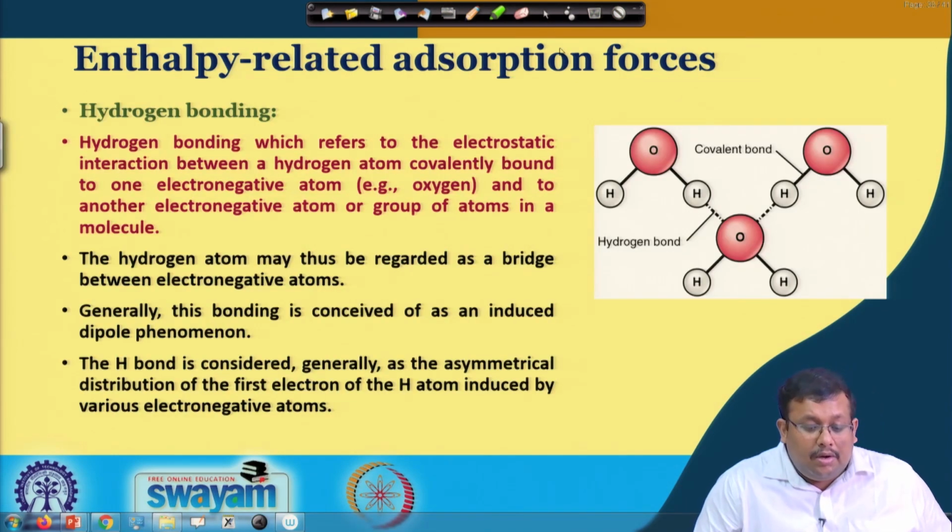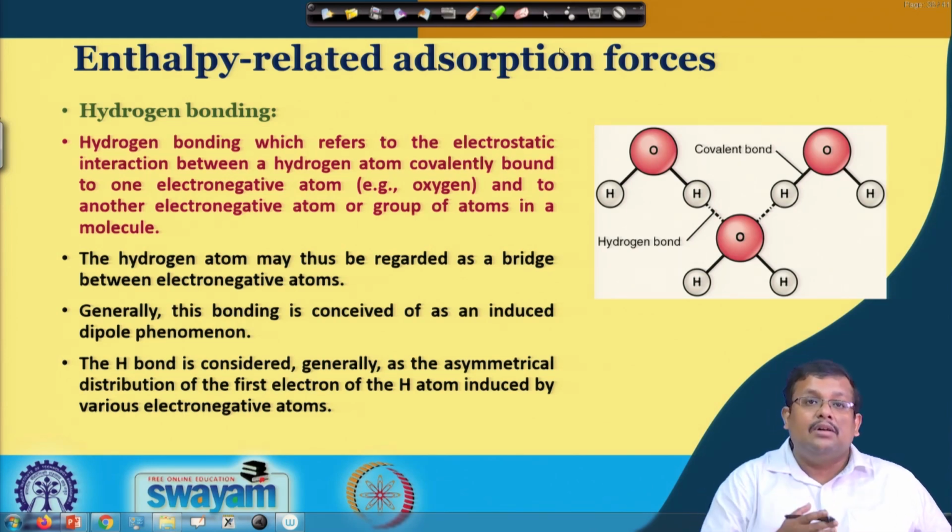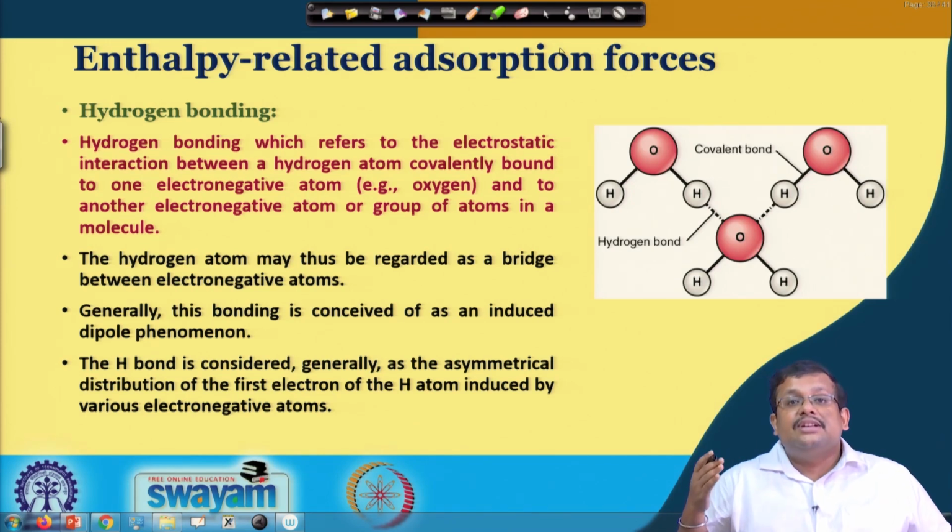Let us see the enthalpy related adsorption forces. Hydrogen bonding can be considered one of the major enthalpy related adsorption forces. So, let us see what hydrogen bonding is. Hydrogen bonding refers to the electrostatic interaction between a hydrogen atom covalently bound to one electronegative atom, that is oxygen, and another electronegative atom or group of atoms in a molecule.